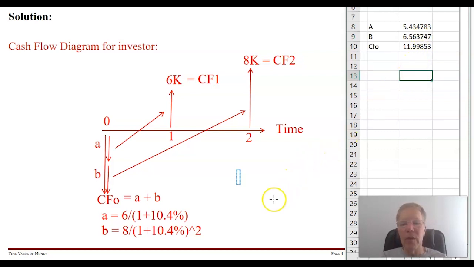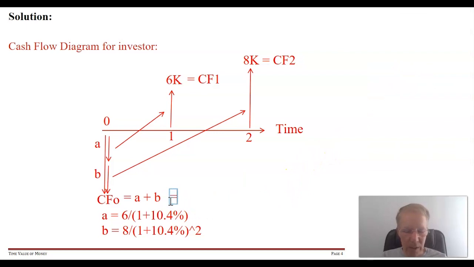That's close enough to 12 for me. So that's equal to 12K. So you see how very straightforwardly we're just using what we learned in the last chapter successively now to solve multiple future cash flow problems.